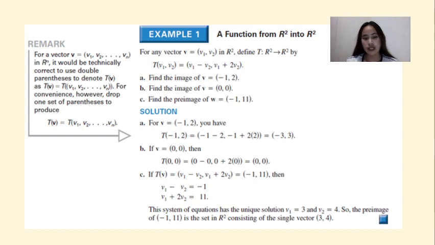So what we are looking for here is the pre-image of the vector W, negative 1 and 11. The pre-image of negative 1 and 11 is 3 and 4. The system of equations has the unique solution V1 equals 3 and V2 is equal to 4.